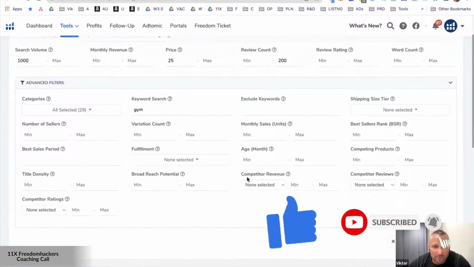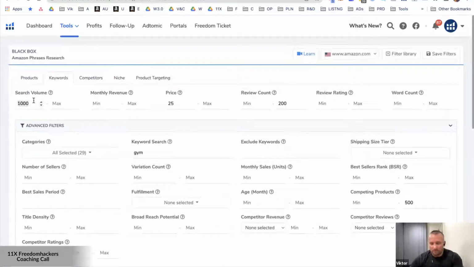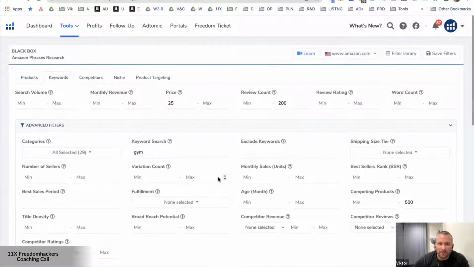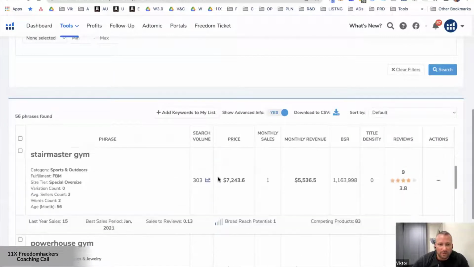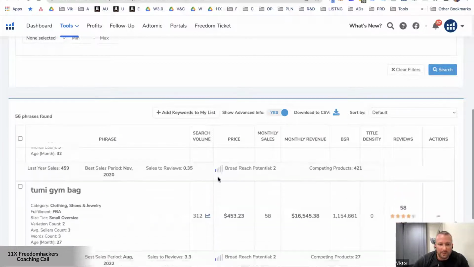I did put competitors in the competing products. That's where you could put like 500, for example, right? And see if you find anything. And that's how you play around with it. You put competing products, gold gyms, and then you can find different ways to find different keywords.